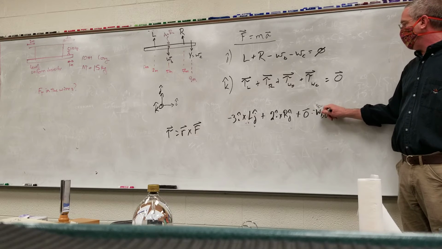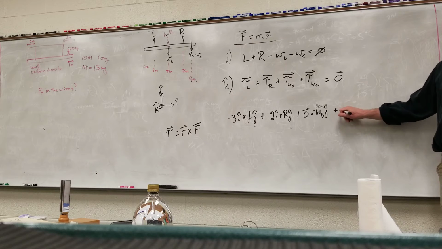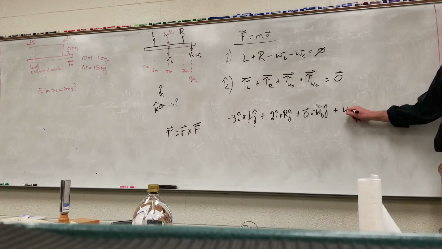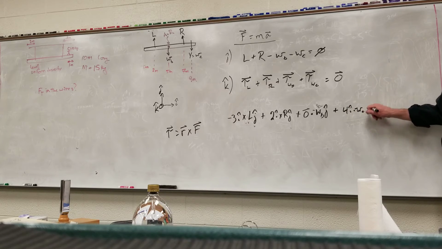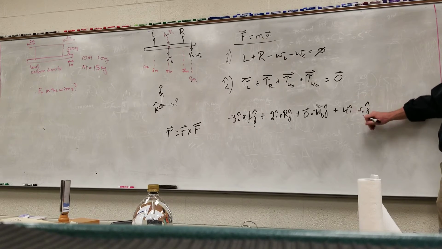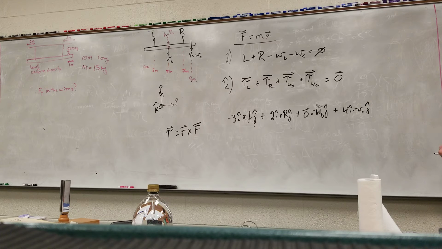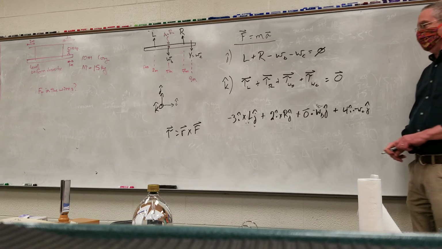Negative weight of B J hat. Plus, and the one that is 4 I hat cross weight of C, negative weight of C J hat. Make that a little bit more obvious. I think that is only a little bit more obvious.